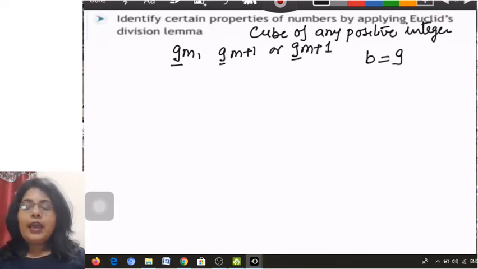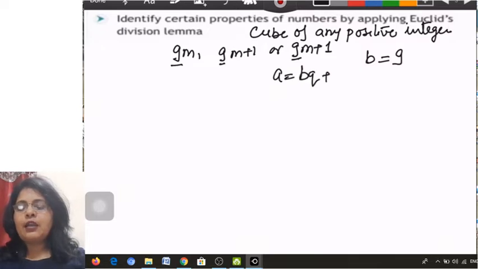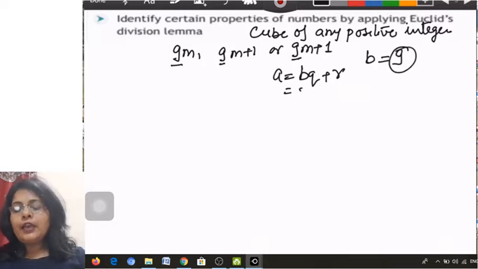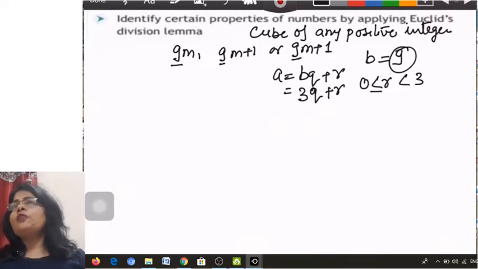Instead of a equal to bq plus r, we will not take 9, we will take a equal to 3q plus r, where r is greater than or equal to 0 and less than 3. Children face a lot of difficulty with these types of questions.